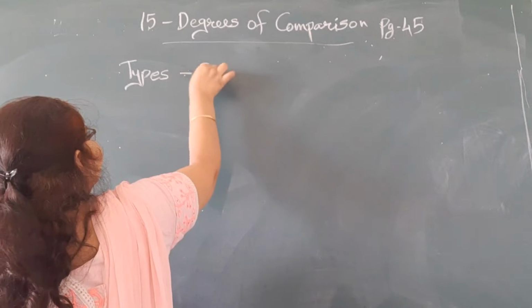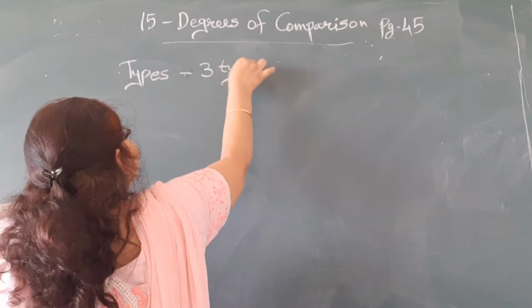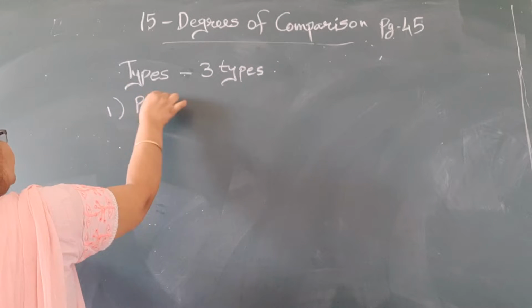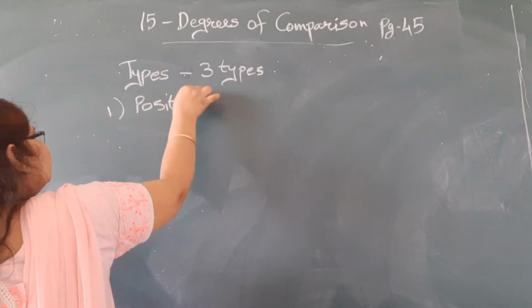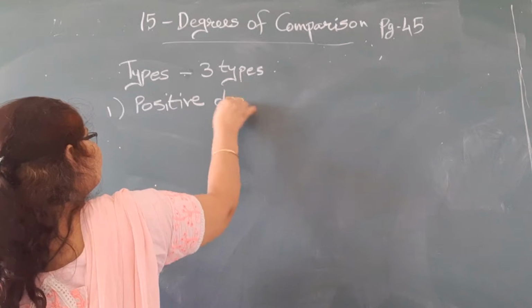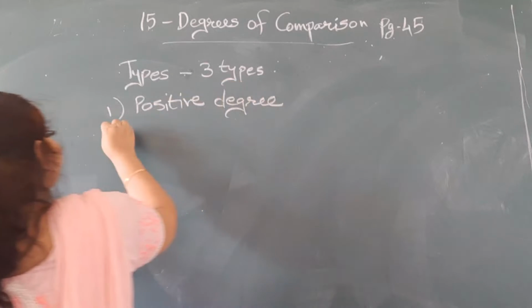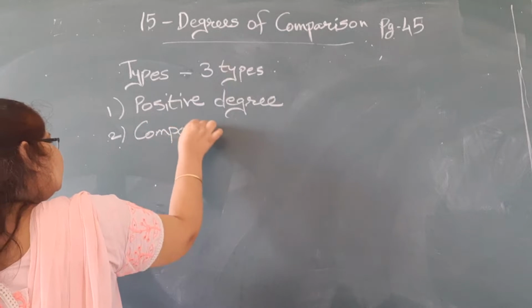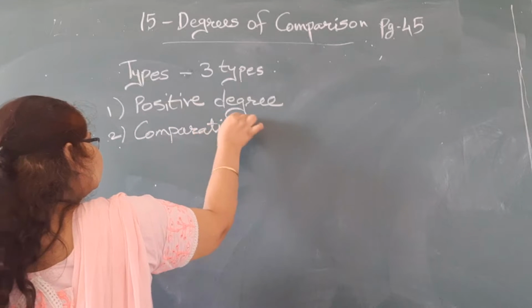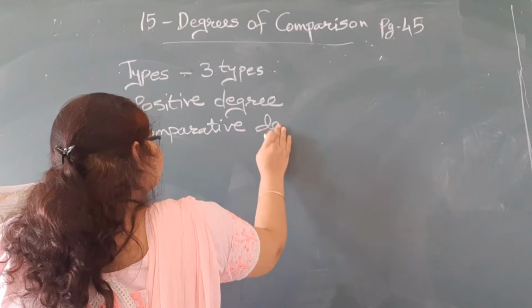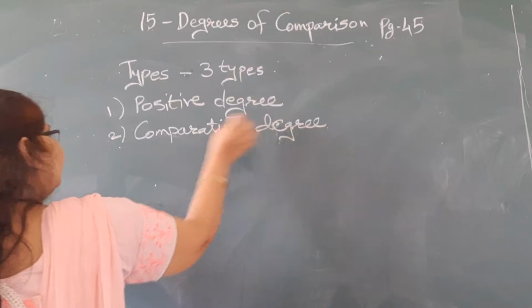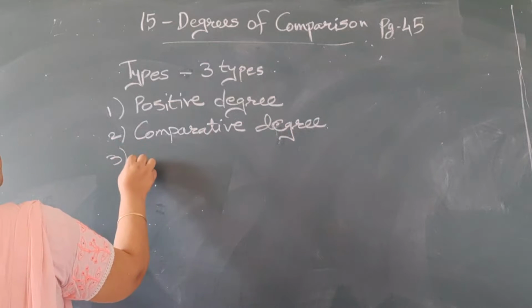How many? Three types. The first one is positive degree. The second is comparative, and the third one is superlative.